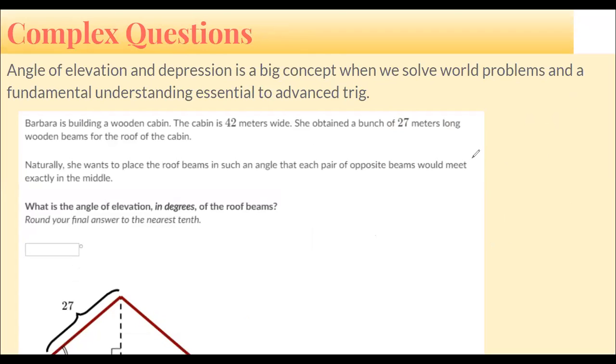The cabin is 42 meters wide, and she obtained a bunch of 27-meter long wooden beams for the roof of the cabin. Naturally, she wants to place the roof beams at such an angle that each pair of opposite beams would meet exactly in the middle. What is the angle of elevation in degrees of the roof beams?